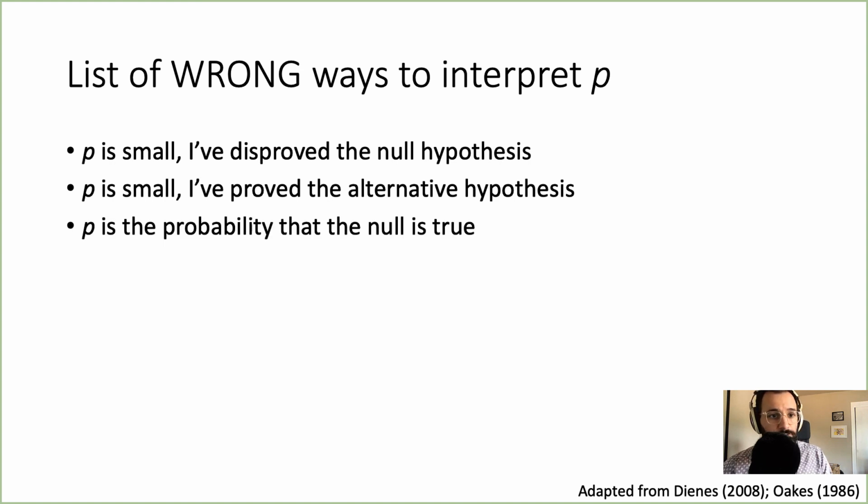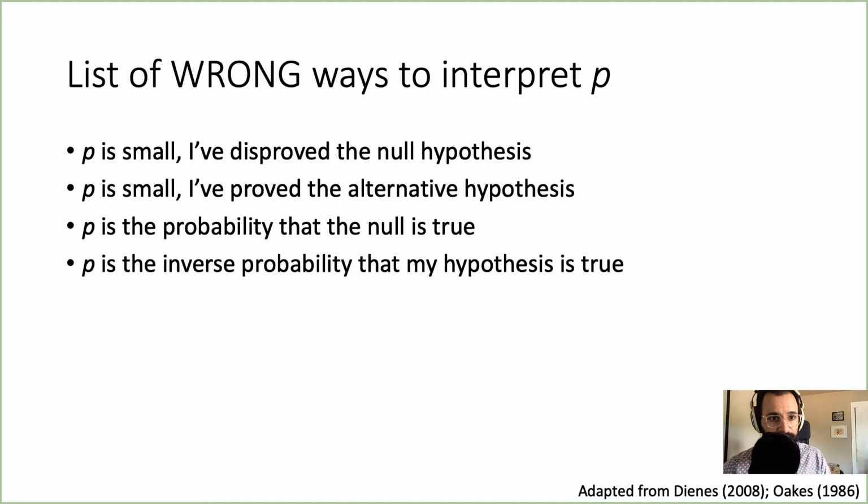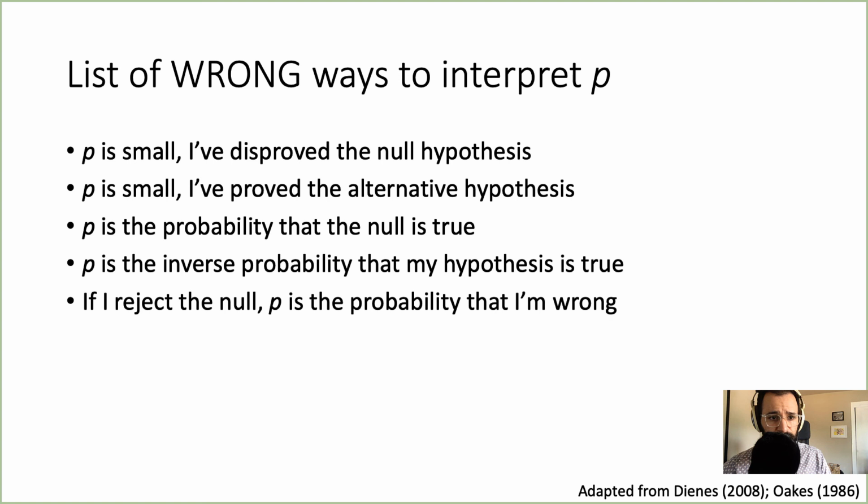Another wrong way to interpret P: it is the probability that the null is true. No, definitely not the probability of anything so directly about the null. It's also not the inverse probability that your hypothesis is true, sort of the opposite of the idea that it's the probability that the null is true. If you reject the null, P is the probability that you're wrong. That one is kind of compelling. Like, it sounds really close, but it's still not quite true.